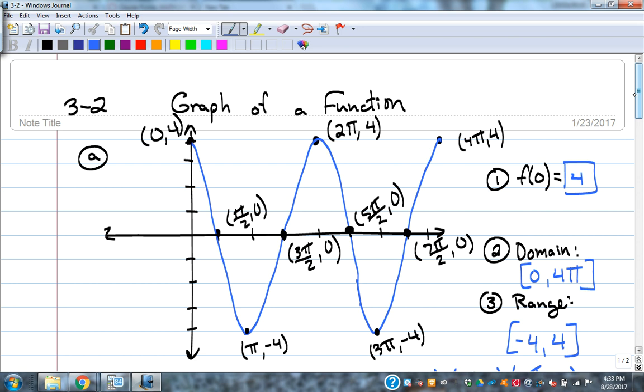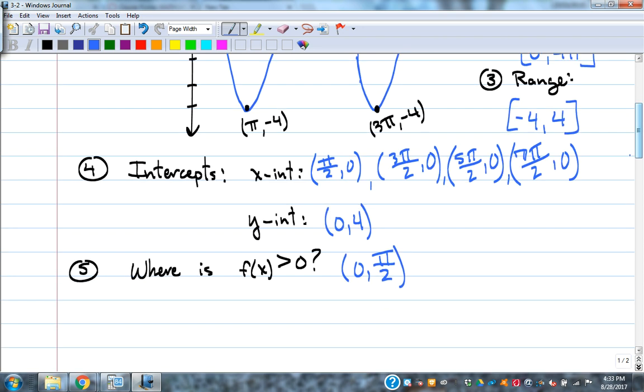Then we have from 3 pi over 2. So I'm right here. It's positive all the way around this loop here till we get to 5 pi over 2. So from 3 pi over 2 to 5 pi over 2. That should be a bracket on the 0 because it is positive.